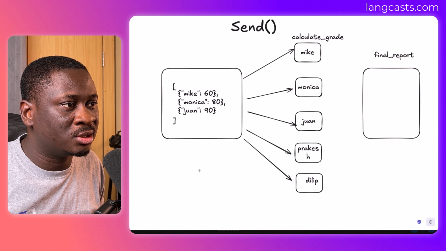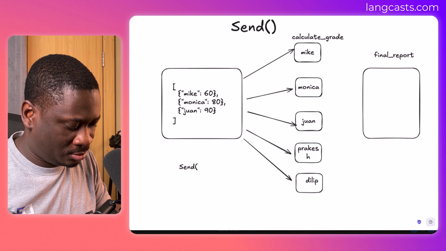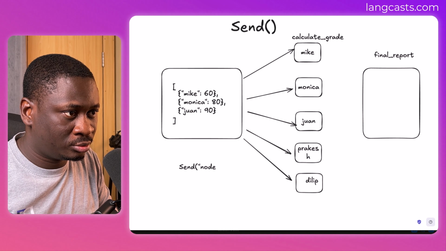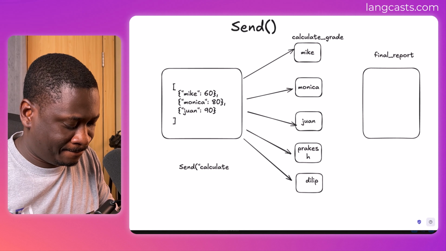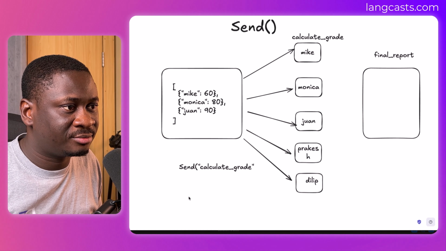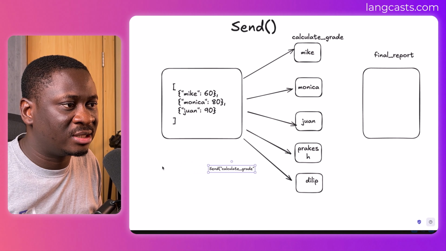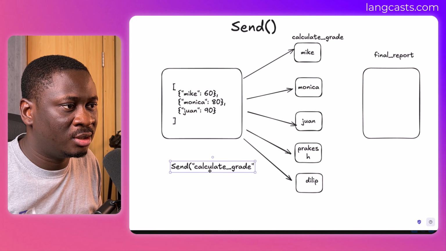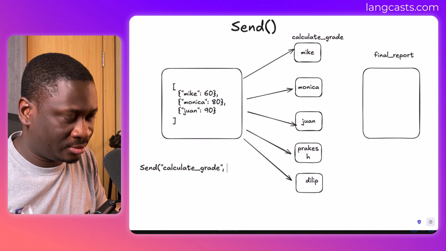And what send does is that a single send request takes the node you want to go to, which in this case is calculate grade. It takes that. Then it also takes the private state that you want to pass in.